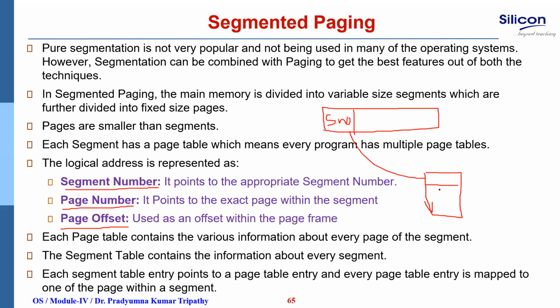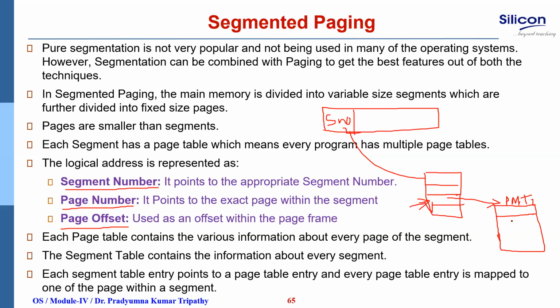The segment table will have segment 0, segment 1, segment 2, like that. Suppose segment number 2, so it will go to this entry. From this entry, I will go to the corresponding page map table, PMT2.